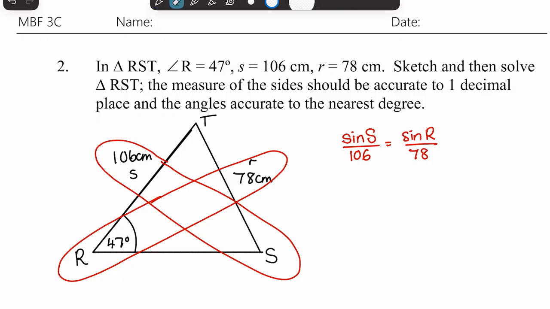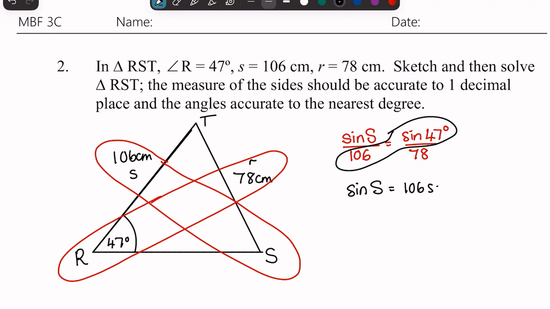In fact, I did write R, but I should be writing in the angle value of 47 degrees. Now cross multiply, giving you sine S equals 106 times sine 47 degrees, divided by 78. Put it into your calculator.